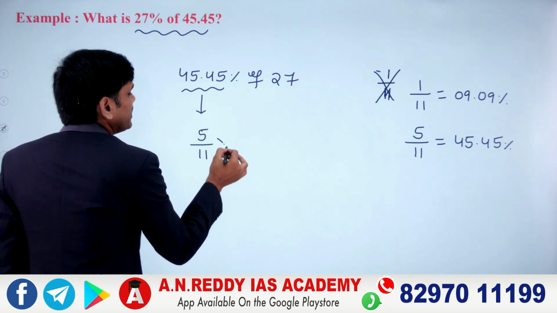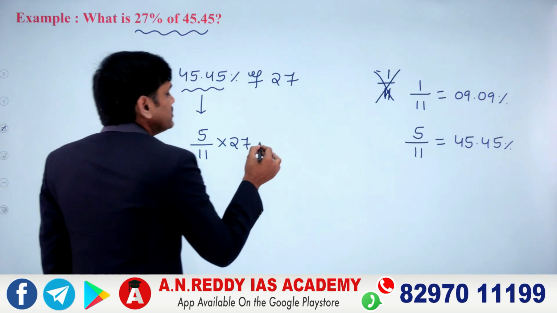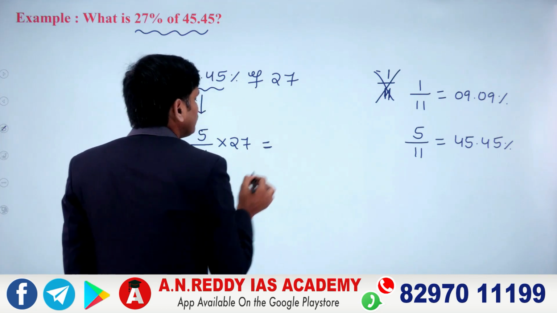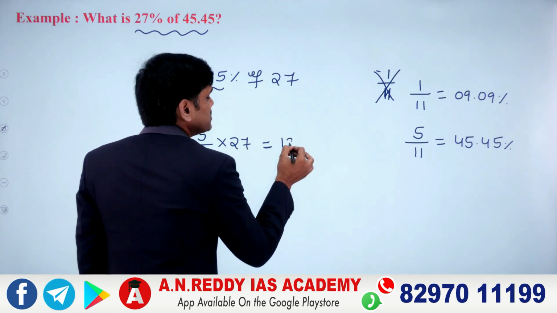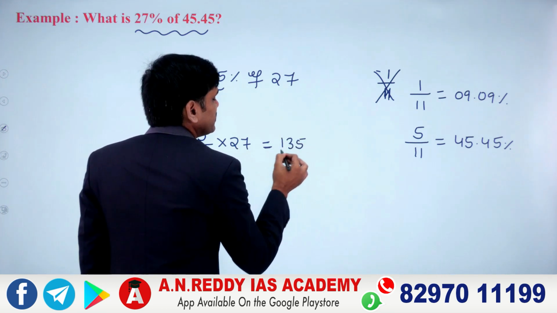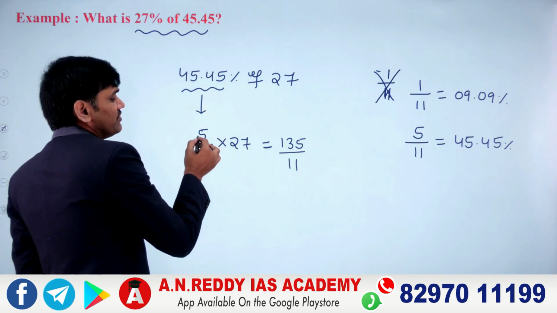So that is 5 by 11 into 27 we can say. This will give you how much, dear? So if you go ahead here, 27 5s are 135. Answer will be in fractions only, because this 135 doesn't go with 11. 27 5s are 135.